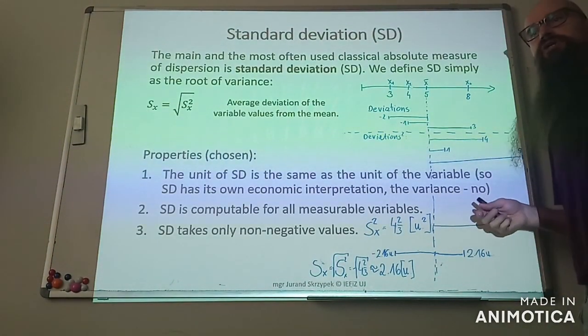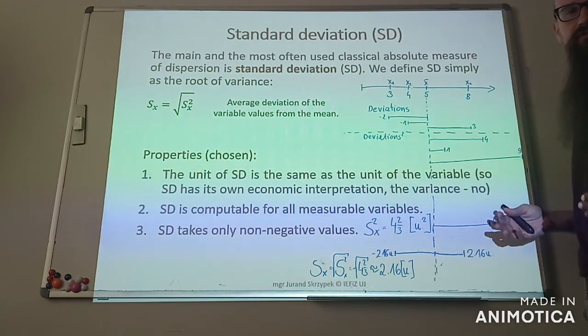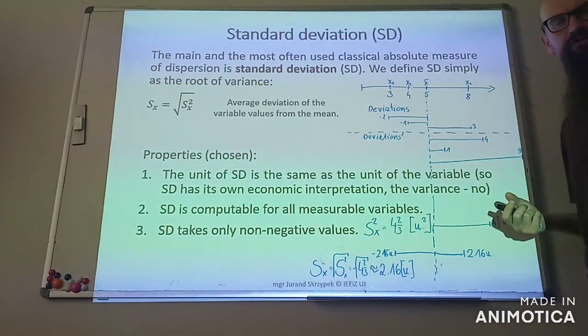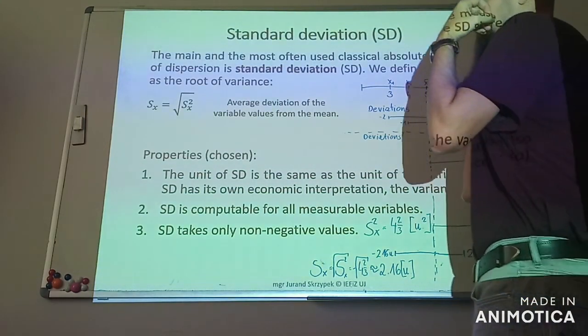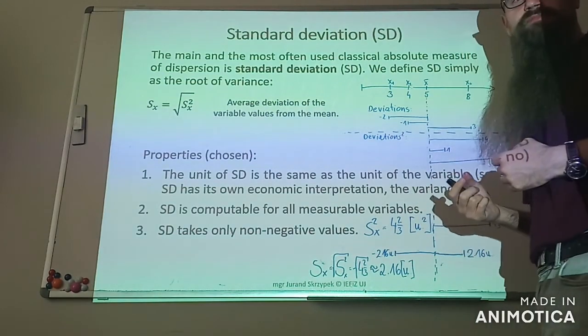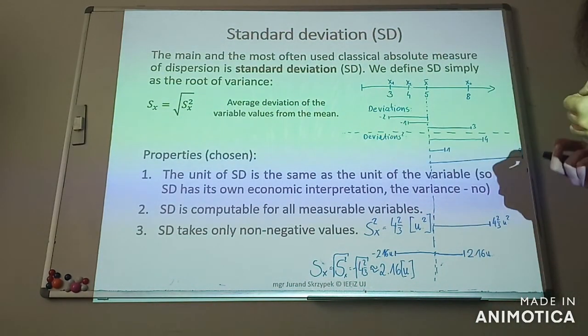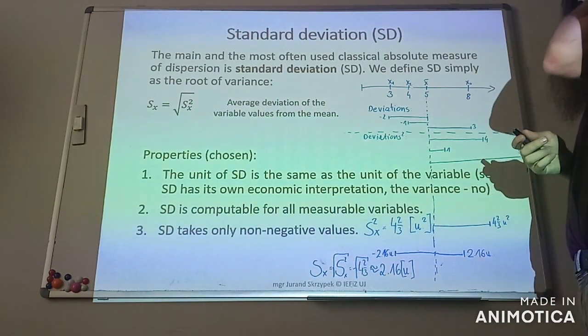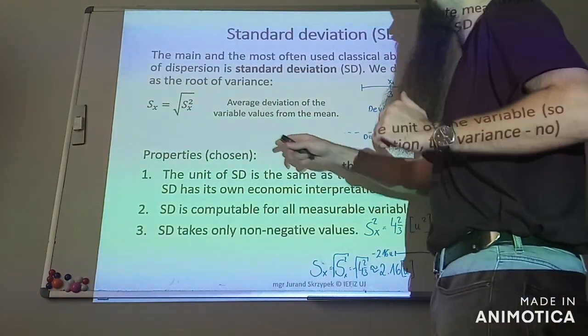Ladies and gentlemen, this is the most important measure of dispersion. This is the main and the most often used measure of dispersion, the standard deviation. We define the standard deviation simply as the root of variance.